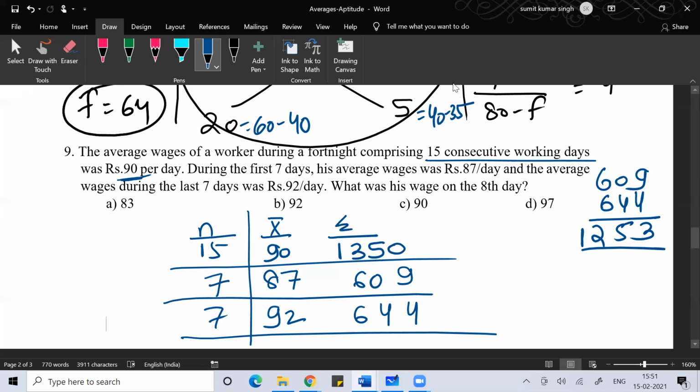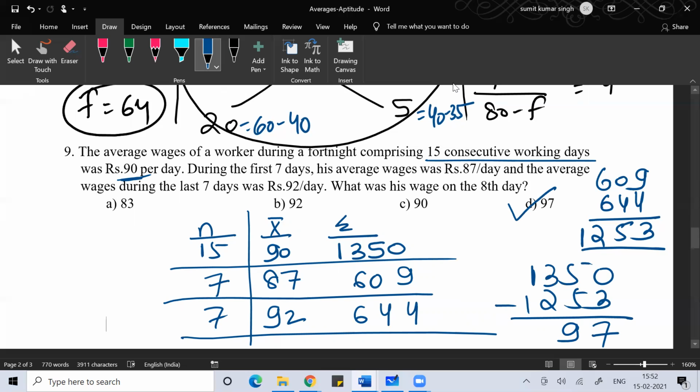You missed the 8th day. If you want the wage of the 8th day, that is 1350 minus 1253. You'll do this and you'll get the answer. The first 7 days' total wage is 609, and the last 7 days' total wage is 644.